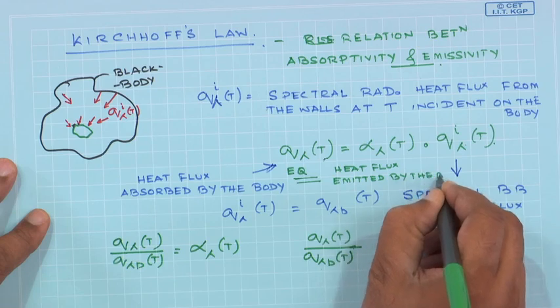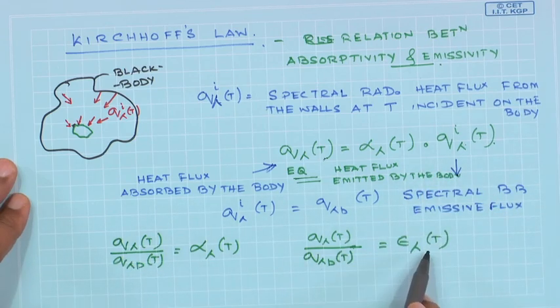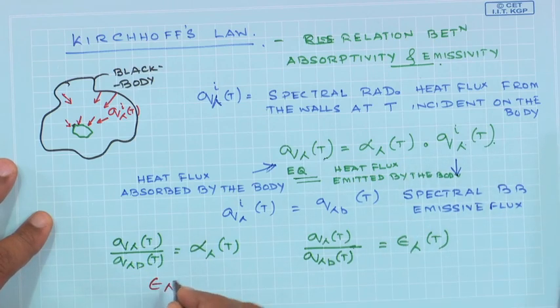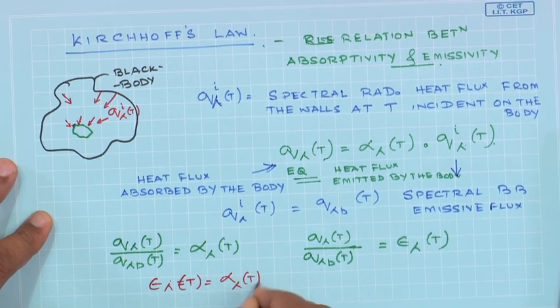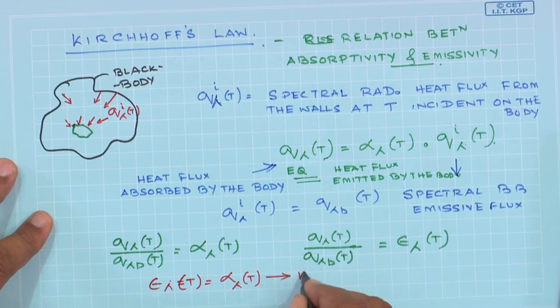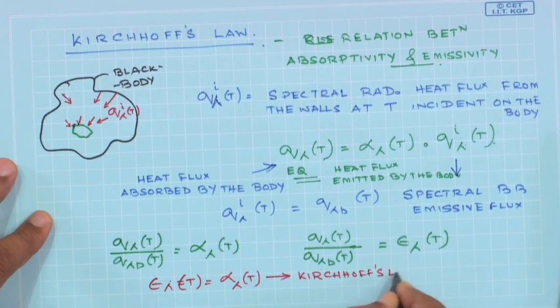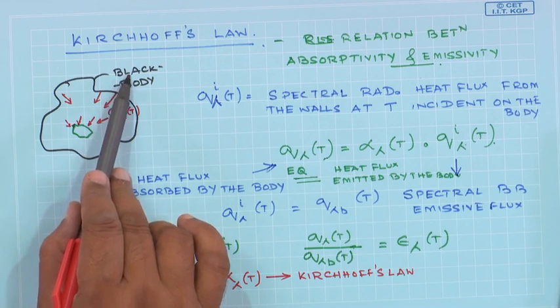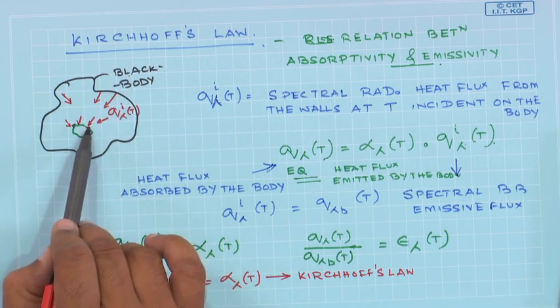So, if that is the case, and if you look at these two definitions now, what you can simply say is that epsilon lambda at a given temperature is equal to alpha lambda at a given temperature. This is what is known as the Kirchhoff's law. So, the Kirchhoff's law simply tells that the spectral emissivity is equal to the spectral absorptivity, provided, and that is a big one, provided the emission is coming from a black body at the same temperature.